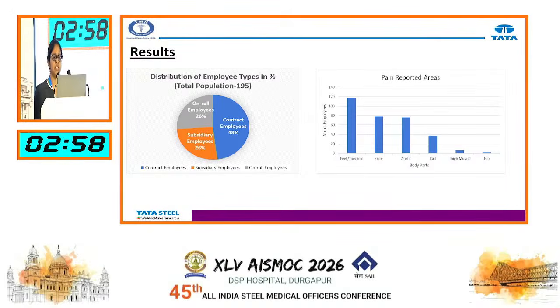Coming to results, we have included 195 shop floor employees, out of which 48% are contract employees and 26% each are subsidiary and payroll employees. Maximum participants reported pain in multiple anatomical regions, and feet, toe, sole is the highest reported pain area among our participants, followed by knee and ankle, and a smaller proportion of the participants also reported pain in thigh muscle, hip muscle and calf muscle.